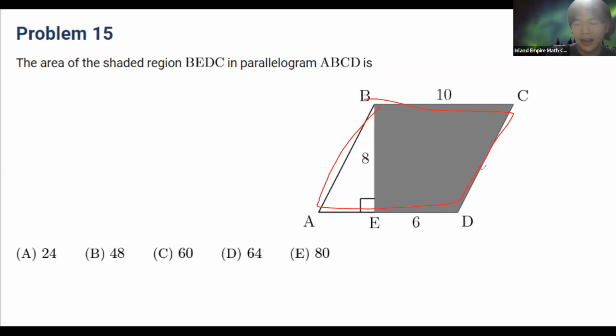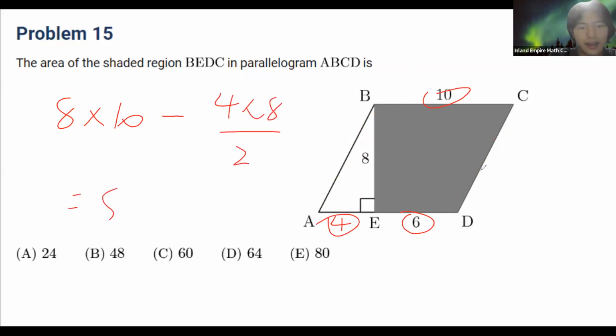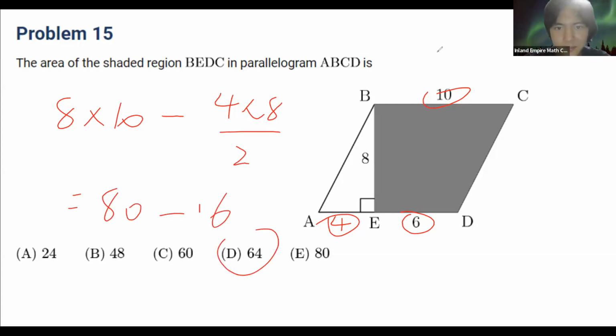The area of the entire parallelogram is 8 times 10, and the area of the triangle is 4 times 8 over 2. The 4 is because you have a 6 here, so 10 minus 6 gives 4. So you subtract 4 times 8 over 2, so that's 80 minus 16, which gives you 64. So the answer is D.